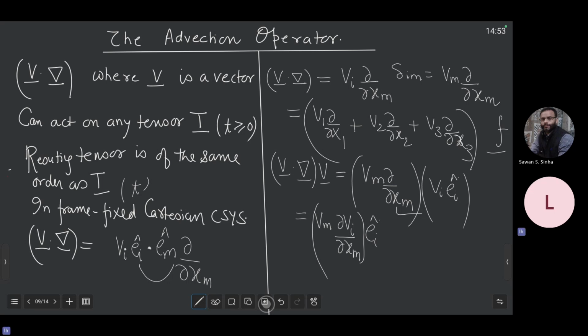What order tensor? 1. Which is the same as the order of the tensor on which it acted. Acted on V, order 1, the resulting tensor is also of order 1. Of course, it's a different vector, but it is still a vector. Inside the whole thing, 9 terms.